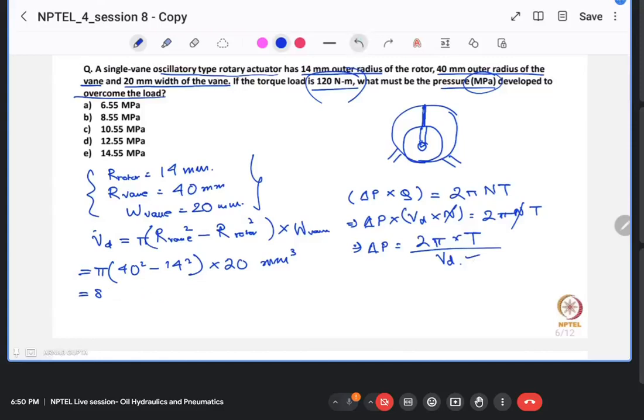So it is nothing but 1, 2, 3, 4, so I'm getting 0.0882 meter cube. So we are plugging the values here: 120 Newton meter divided by 0.0882.